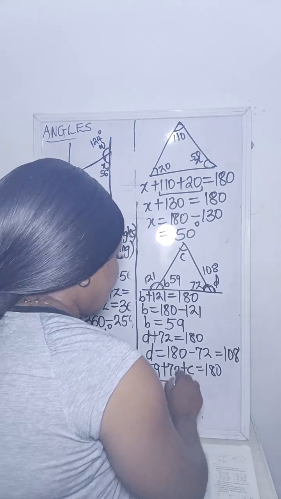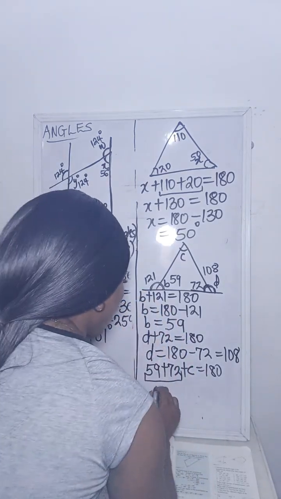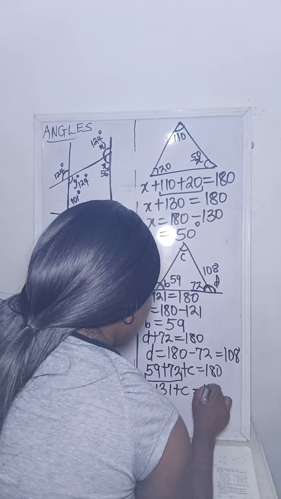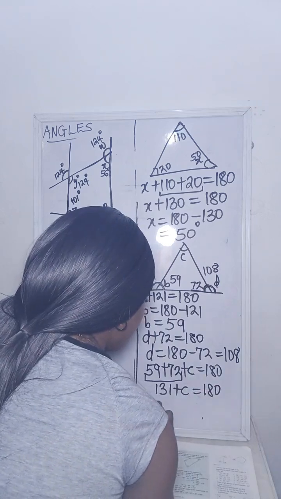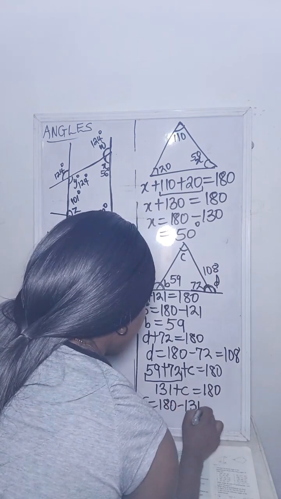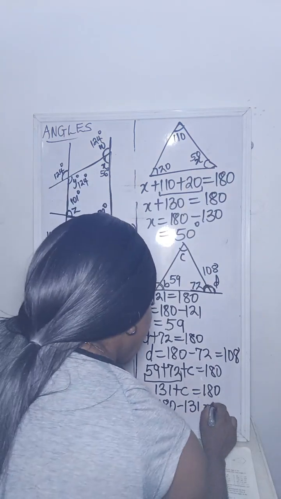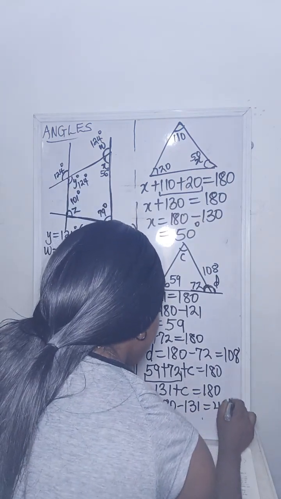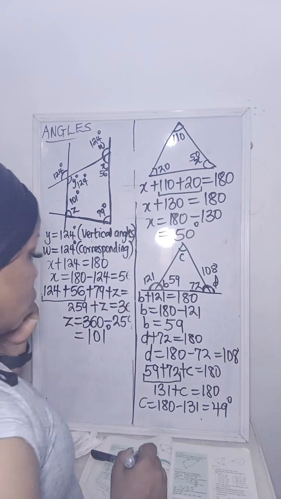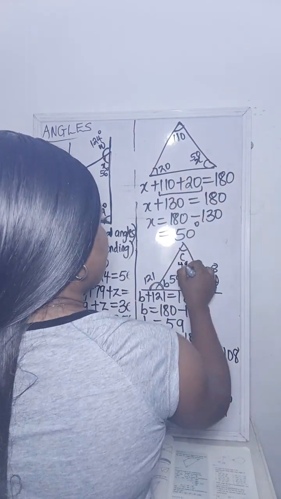When we add those together, 59 plus 72 gives us 131. 131 plus C equals 180. C equals 180 minus 131, and that gives us 49 degrees. So our value for C is 49.